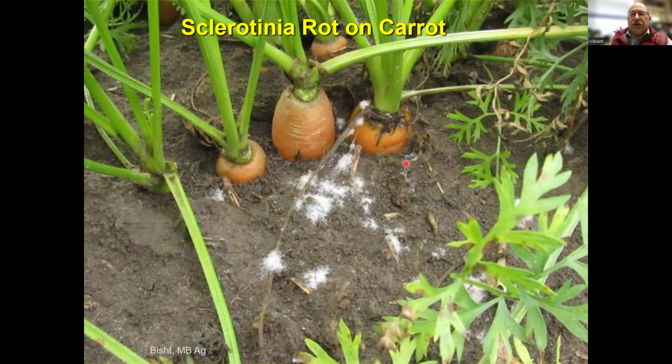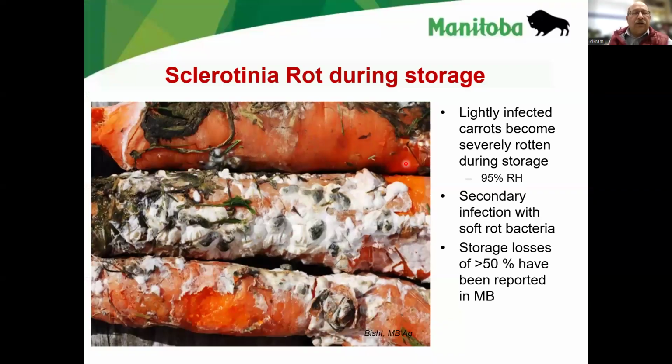And this starts from the sclerotia, which are the overwintering bodies. And once the carrots are infected, they are then going to create further problem in the storage.